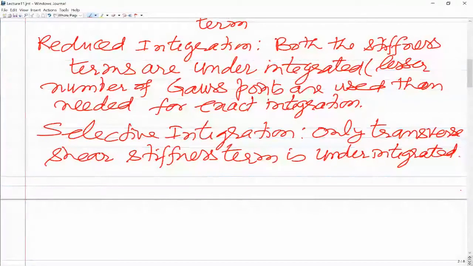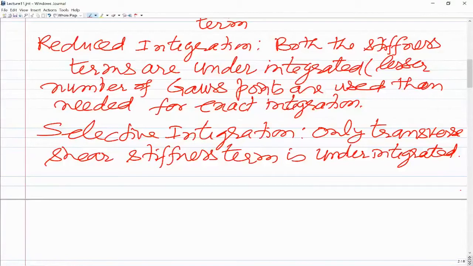So in del w by del x plus theta x and del w by del y plus theta y, that term's contribution becomes larger compared to the bending term. In case of thin situations, if the same shear deformable element is used, theta x and theta y tend to zero, so the transverse shear stiffness goes on the higher side.